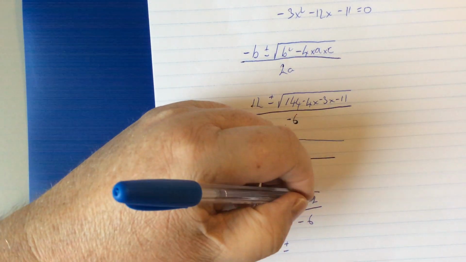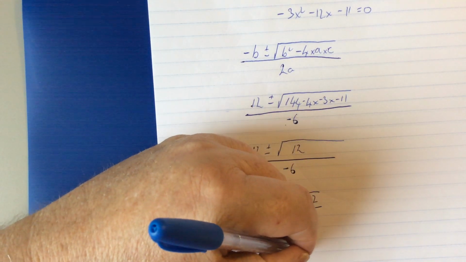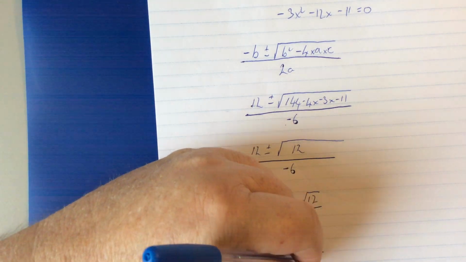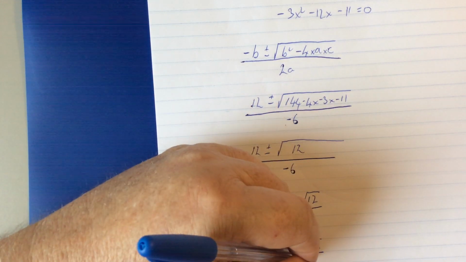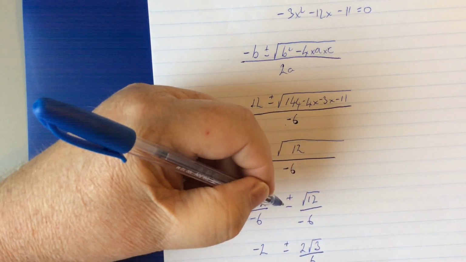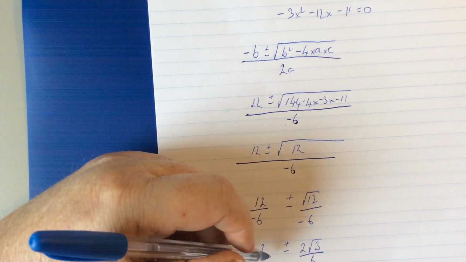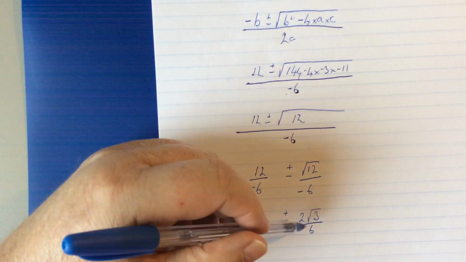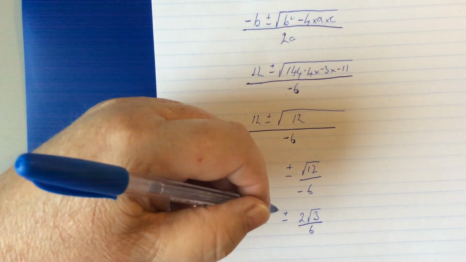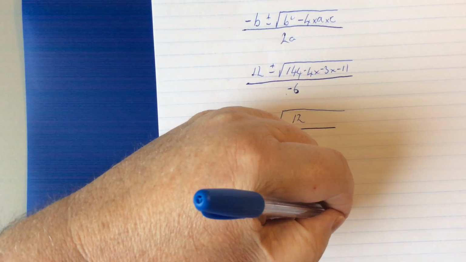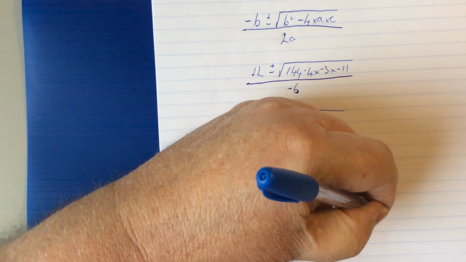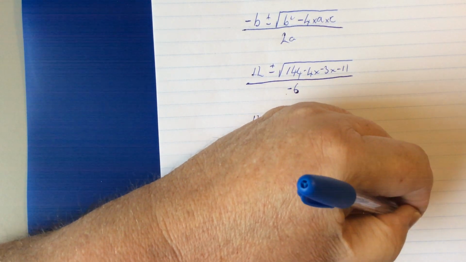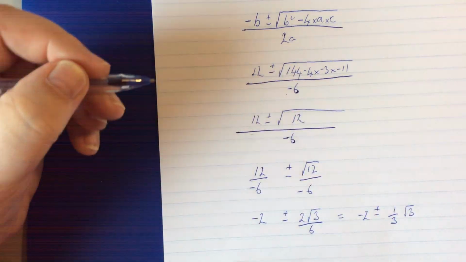Okay, now let's tidy this up. Plus or minus 2 root 3 on 6. Now, can we do something about this? Well, yes we can. This is equal to negative 2 plus or minus 1 on 3 root 3.